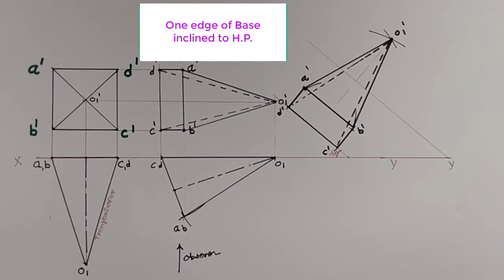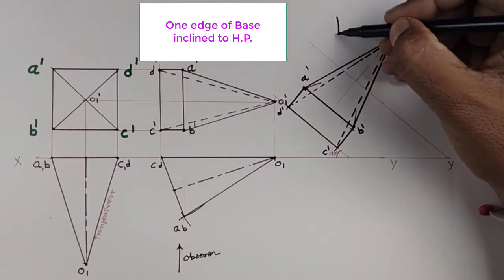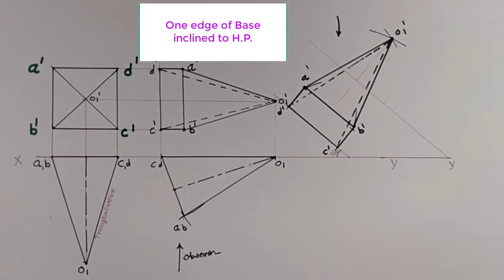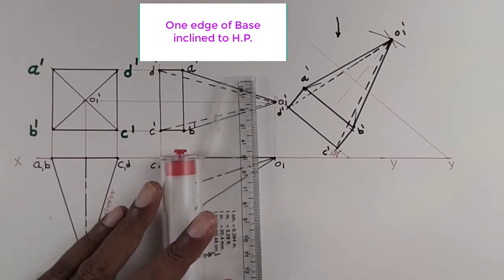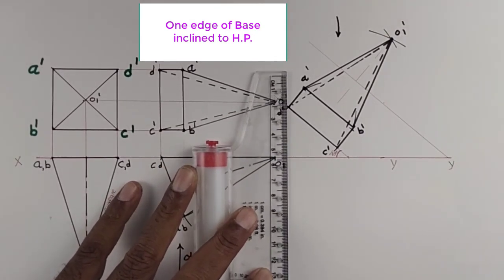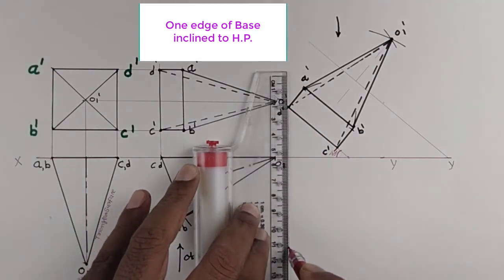Now what is the top plan of this arrangement? So the observer is here. First we shift our base projection vertically downward from each corner.